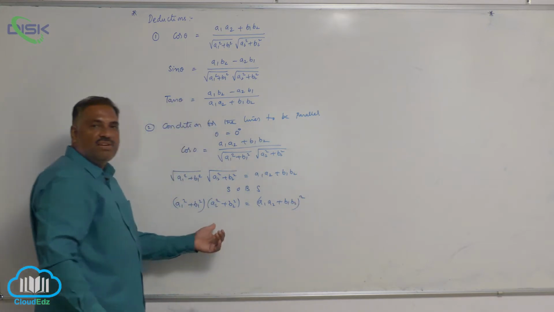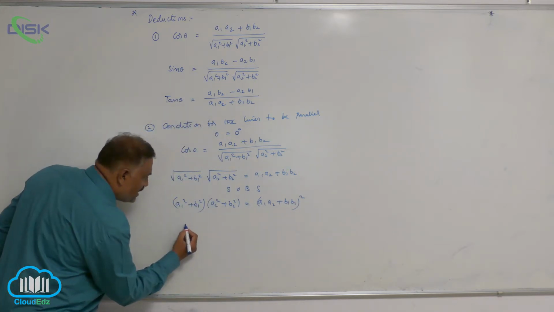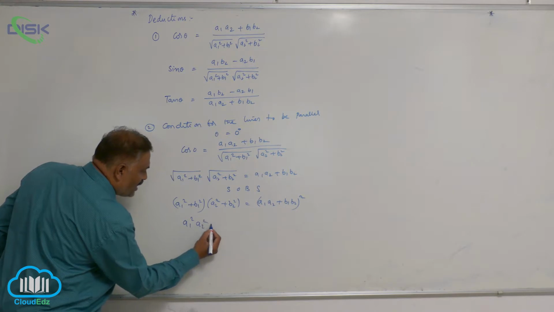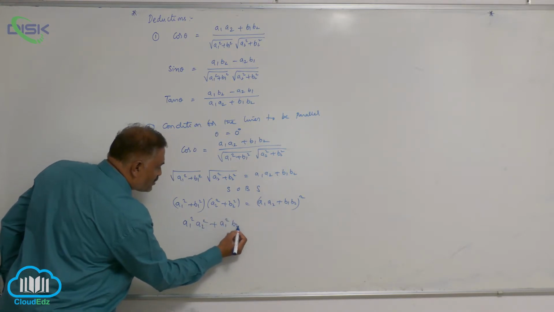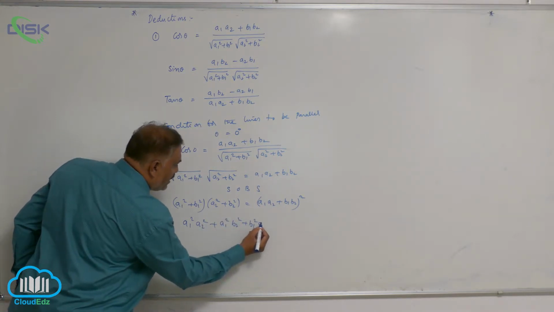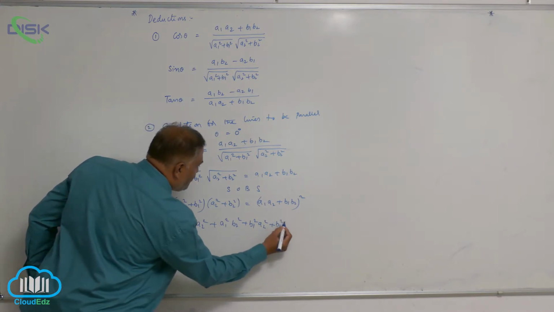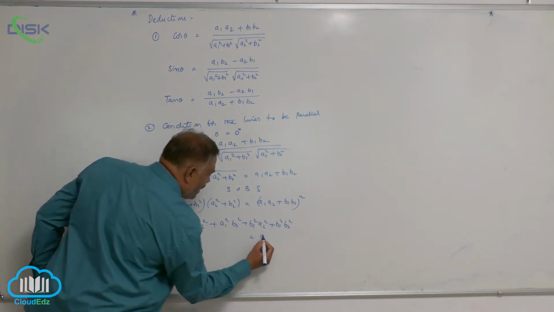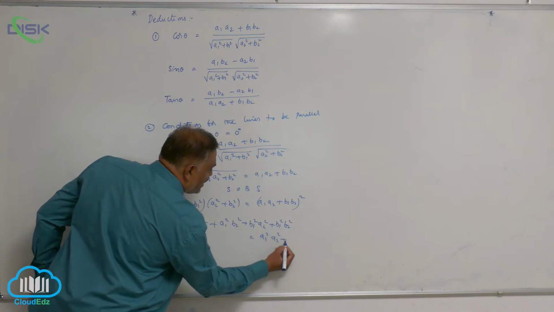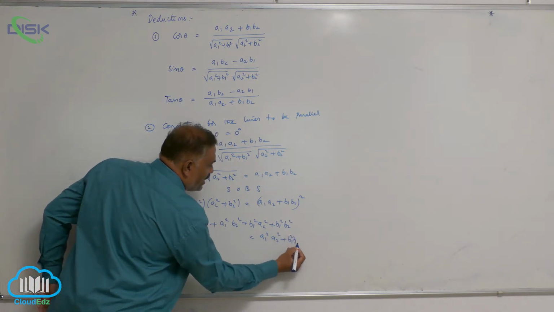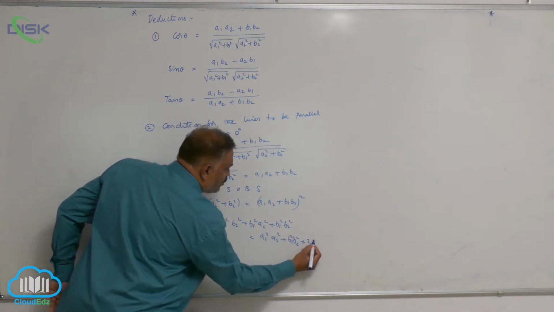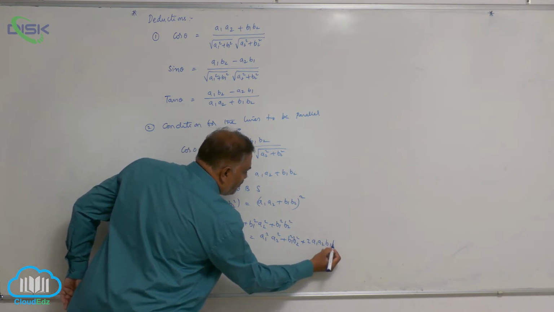Now simplify this equation further. It is a1 square a2 square plus a1 square b2 square plus b1 square a2 square plus b1 square b2 square is equal to a1 square a2 square plus b1 square b2 square plus 2a1 a2 b1 b2.